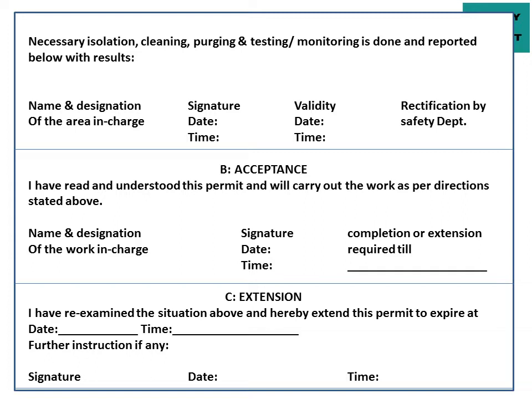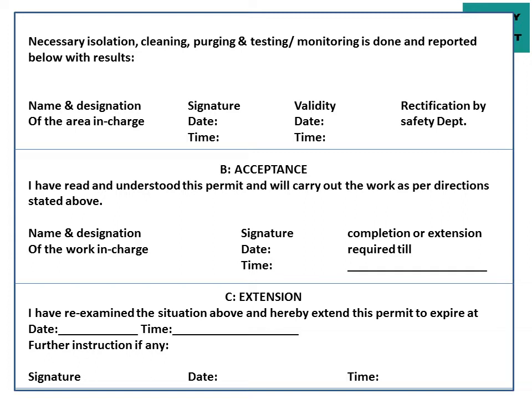Name and designation of the area in charge, who issues the permit, should be mentioned here. His signature, date and time of signature, validity date and time, up to which time the permit is valid, and rectification by safety department. If any rectification is provided by the safety department, it should also be mentioned here.